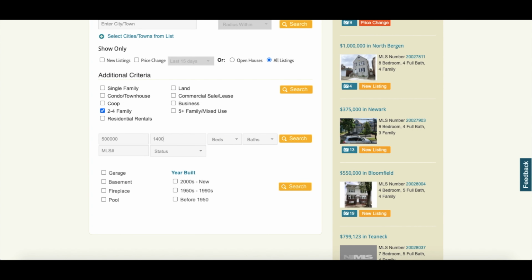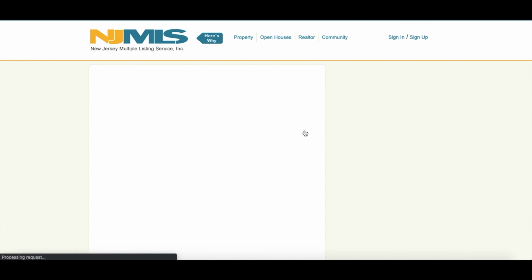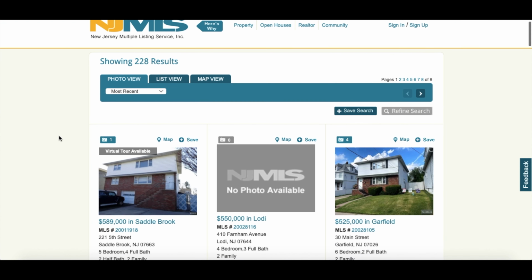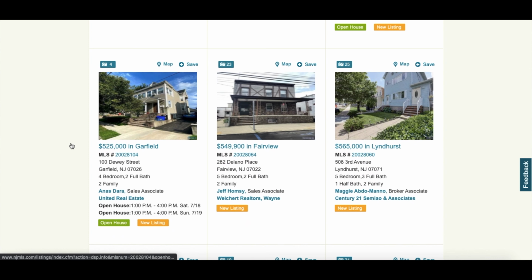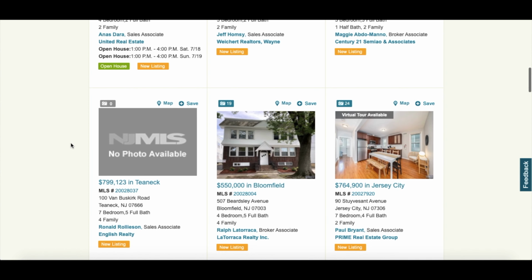So let's fit those criteria in there and search on this. So I'm looking at this by the most recent. I want to see what the deals are there that have been most recently posted.